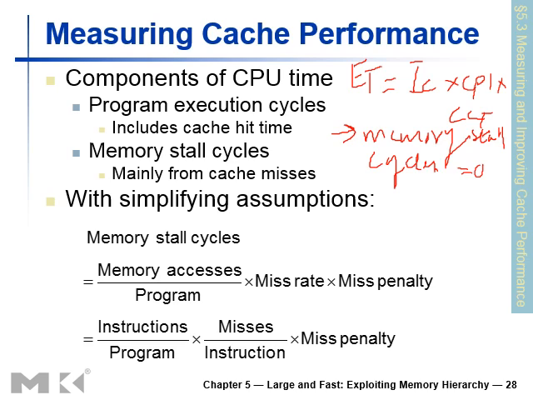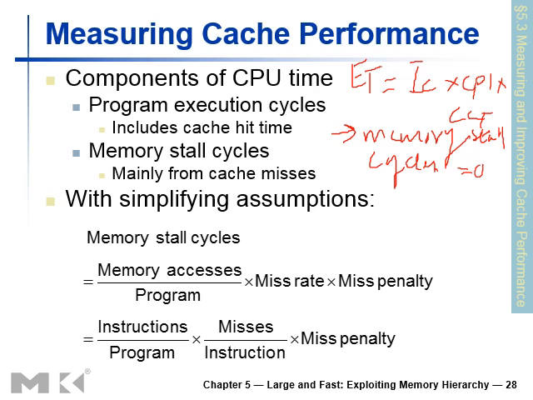So the major components of the CPU time basically are the program execution cycles, which include the cache hit time, and the memory stall cycles, which include the cache misses. With a simplifying assumption, we can say that the memory stall cycles are equal to how many memory accesses we have in a program. For example, we have a program with 100 instructions, and 30 instructions require memory accesses, which means that 30 of the instructions are load word and store word instructions.